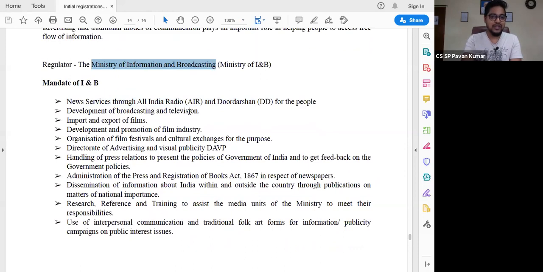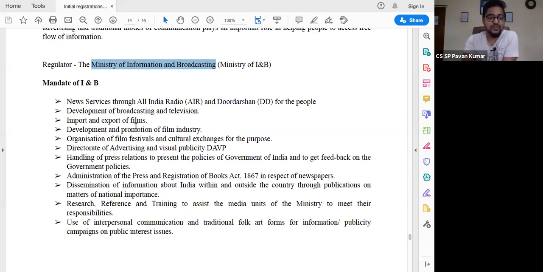Development and broadcasting of television, import and export of films, the movies. If an Indian movie wants to be released in a foreign country, it has to go through this ministry only. When a foreign movie wants to get released, like recently a lot of foreign movies have been coming, if those movies have to be released in India, it has to come through this only.